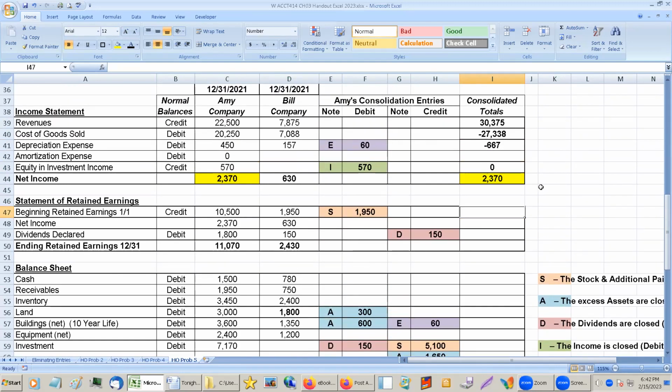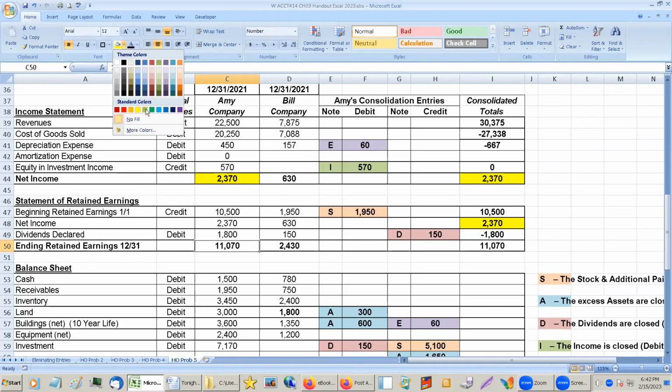Okay, the only thing left over here is parent company income from above. I put it as negative for the dividends. If you don't put it in negative, that's fine, as long as you subtract it out. And those two should equal, and they do.